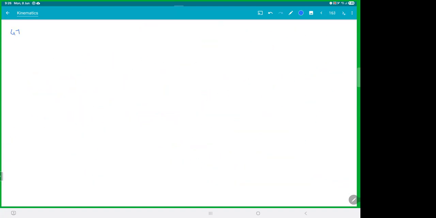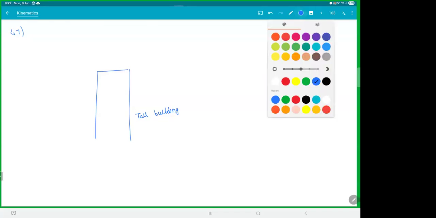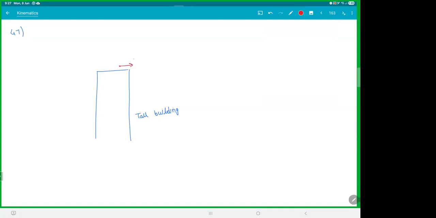These are a little non-standard, not really that out of the world, but yeah. We have a tall building. Tall building means you can safely assume the particles don't hit the ground so fast. We have one particle projected with speed u, and one particle projected with speed 2u. Let's call them particle A and particle B. A will go this way and B will go this way.